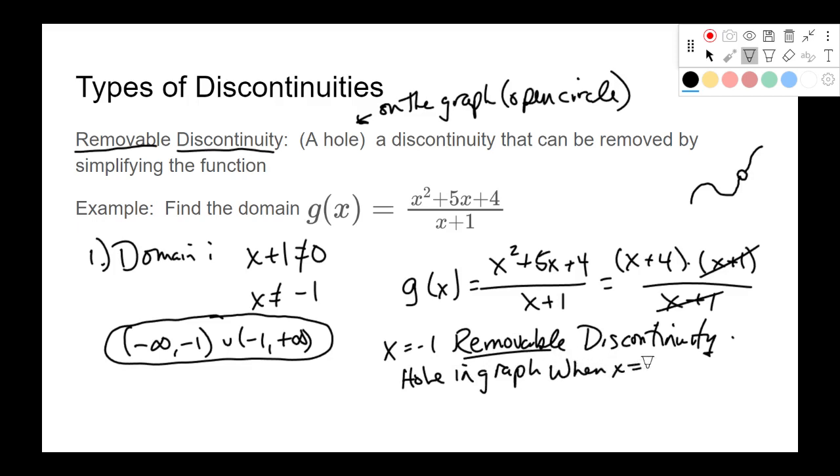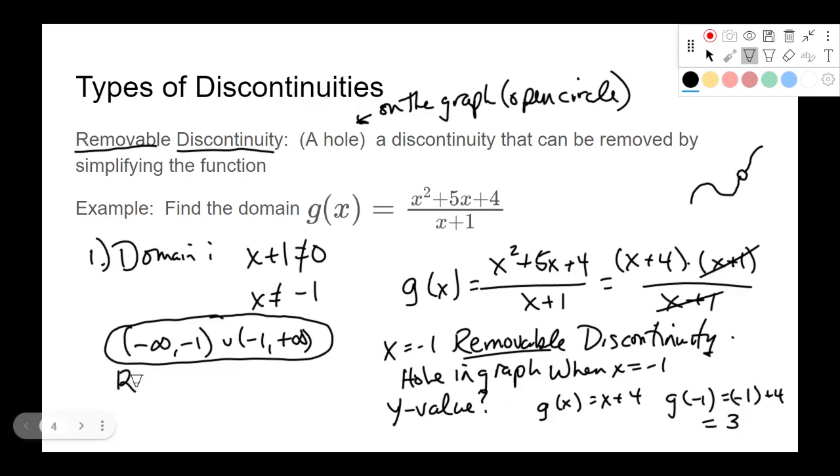To find the y value for that hole, because remember, when you graph on the coordinate plane you need an x and a y coordinate, we're going to take -1 and plug it into the function that we just simplified. So if I take g of x, which I'm now calling x plus 4, and plug in -1, I get -1 plus 4, which is 3.